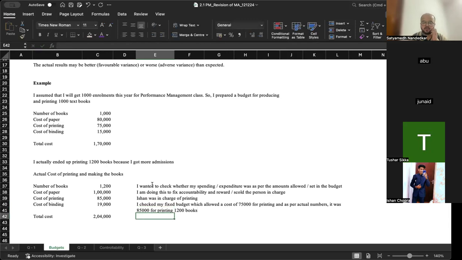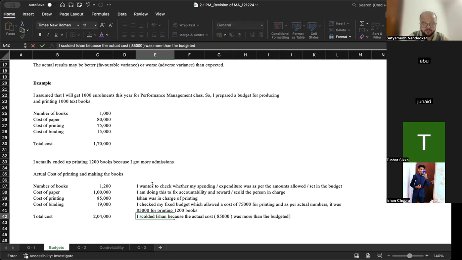I looked at this number, I got annoyed with Ishan, I called him to my cabin and I blasted him. I scolded Ishan because the actual cost, 85,000, was more than the budgeted numbers, 75,000. उसका मूड ऑफ हो गया.